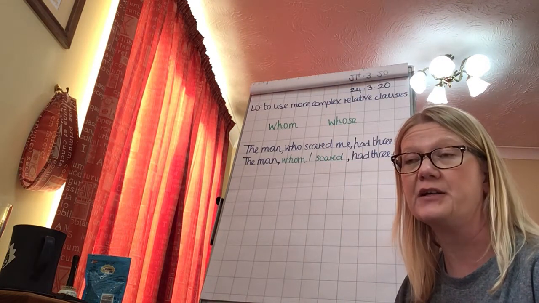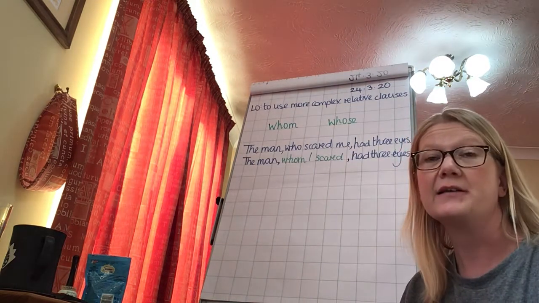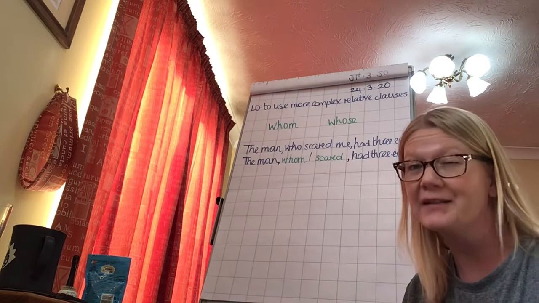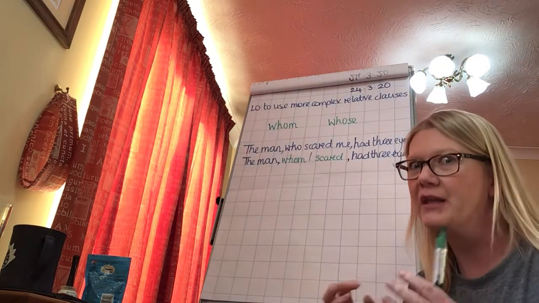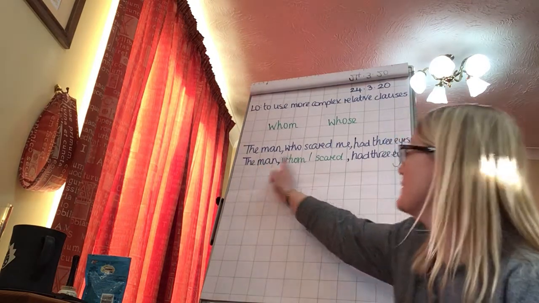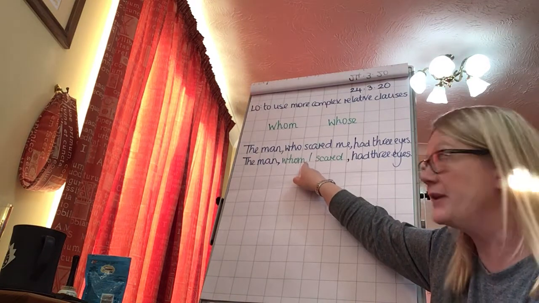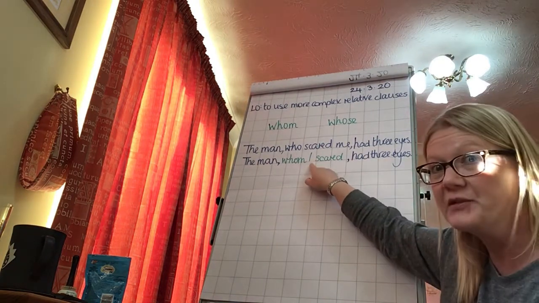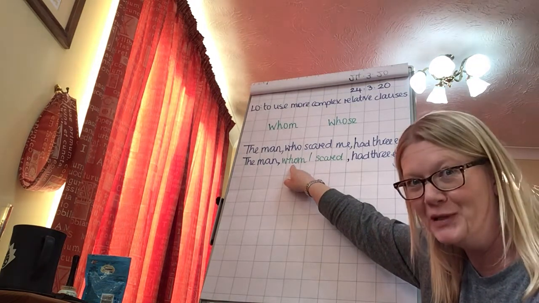If the subject of your main clause, the man had 3 eyes, is going to be the object of your relative clause. I know it's quite complex, but it's not. Just think about it really in small steps. Subject of the main clause, but I am the subject of the relative clause because I'm doing the scaring. So our man becomes whom.